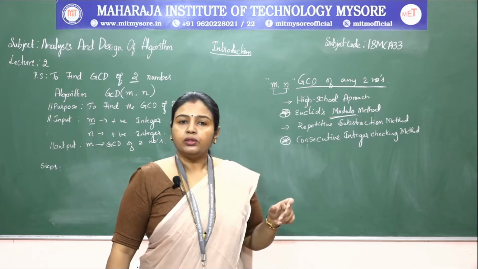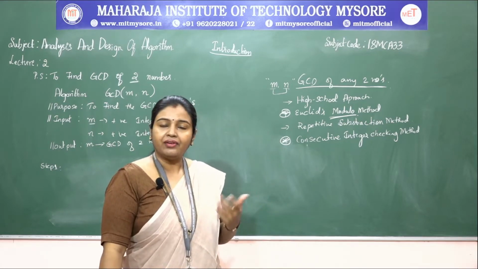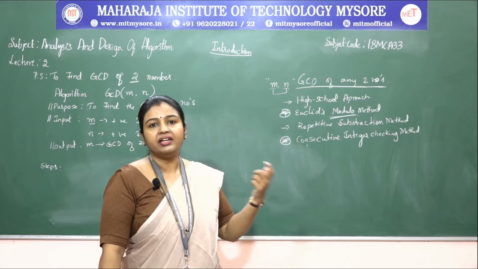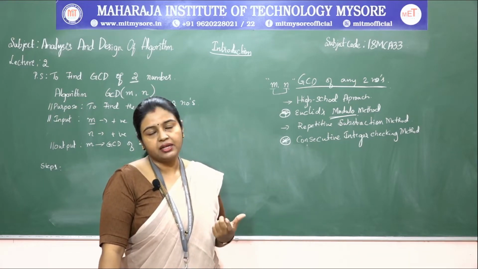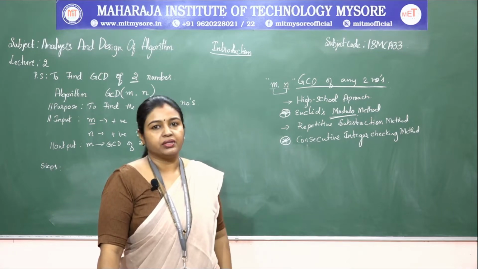If the remainder is 0 for that common number, then we can say that it is the GCD of the given numbers. If both operations give a 0 result, then we conclude that the common number we have taken is the GCD of 2 numbers.